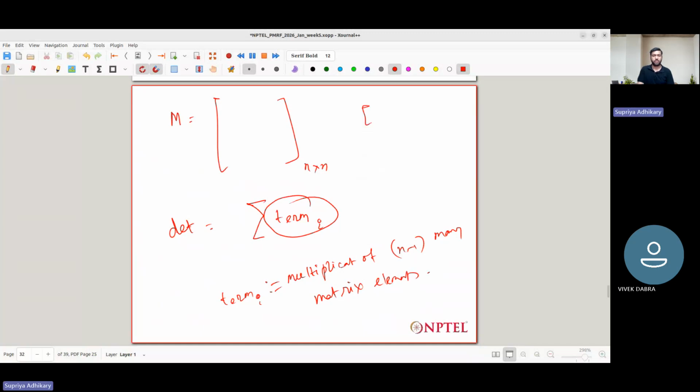If we consider a 2 by 2 matrix A1, A2, A3, A4, the determinant is nothing but A1 A4 minus A3 A2. So this is one term with just a multiplication of two elements, and this is also one term with a multiplication of two elements. Sorry, this should be n many elements.